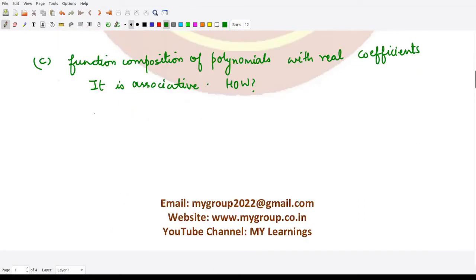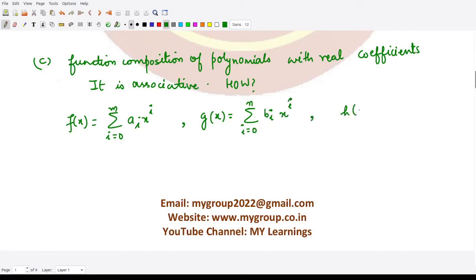Let's consider the first one, f of x, as the summation of a_i x^i, where i varies from 0 to m. The second one, g of x, is the summation of b_i x^i, where i varies from 0 to n. And the third one, h of x, is the summation where i varies from 0 to p, with coefficients c_i x to the power i.